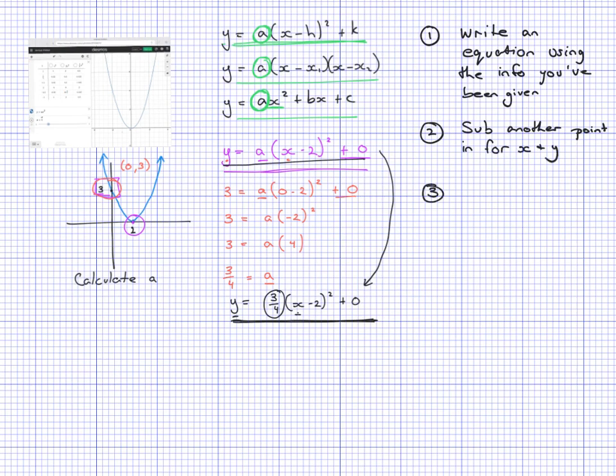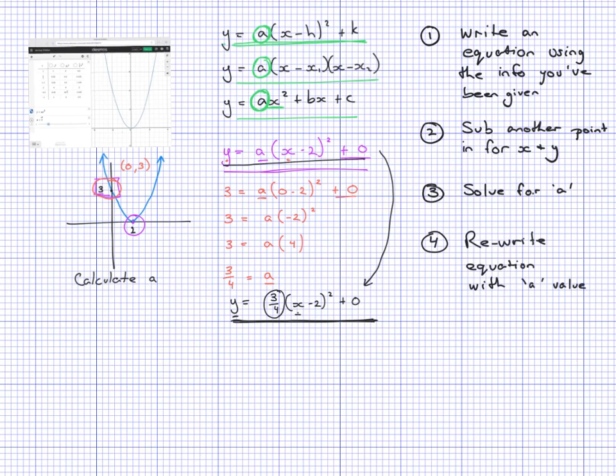Step 3 is to solve for A. And the final step is to rewrite the equation with the A value.